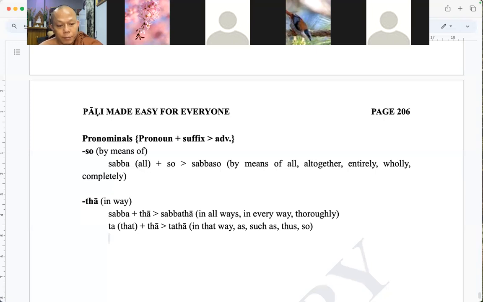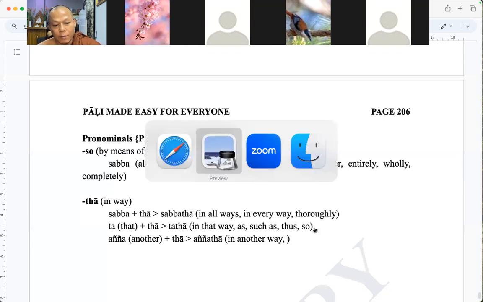And then inya. Inya means another, and the ta. So inya ta, in another way, or otherwise.